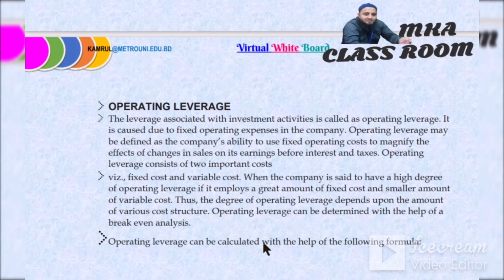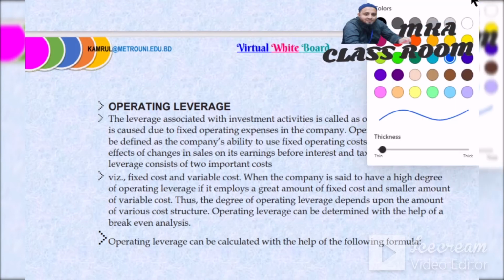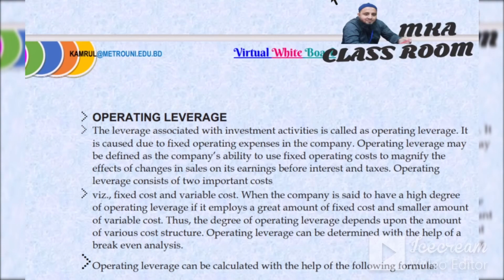Whenever a firm uses operating fixed cost, operating leverage arises. In the same way, whenever the firm uses financial fixed cost, financial leverage arises.